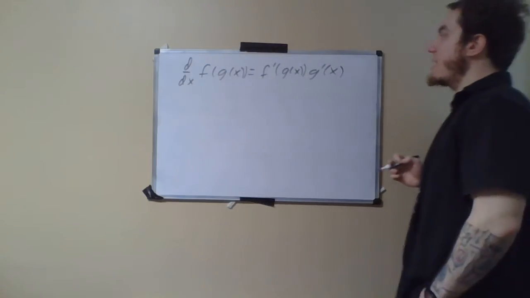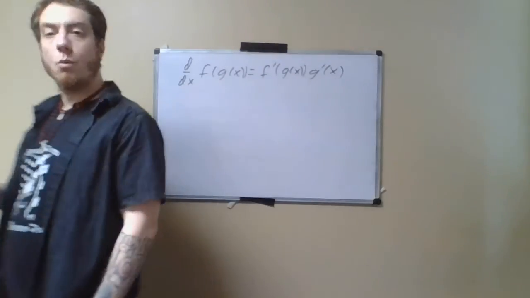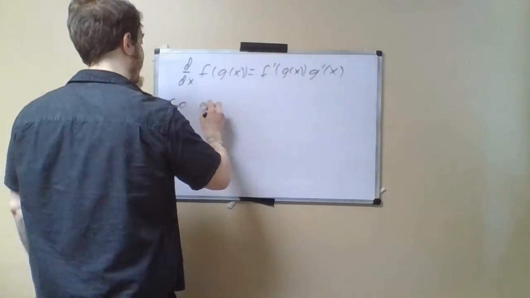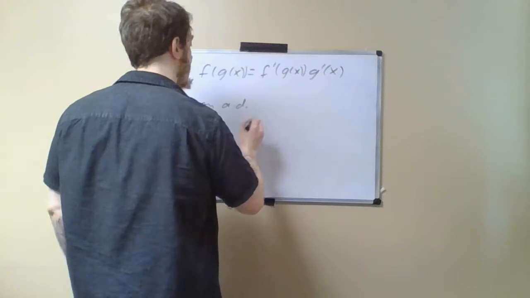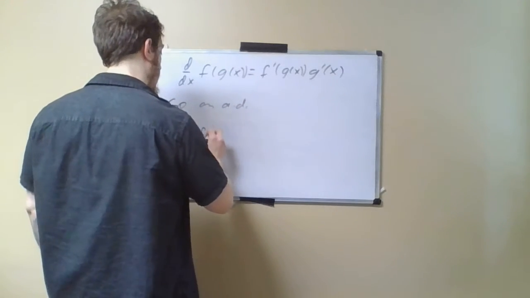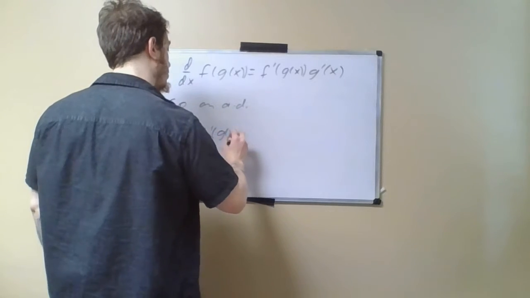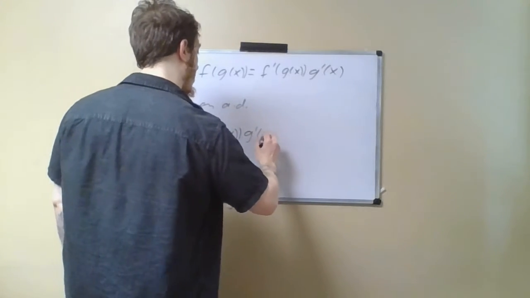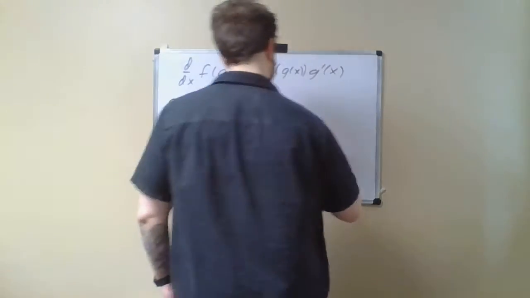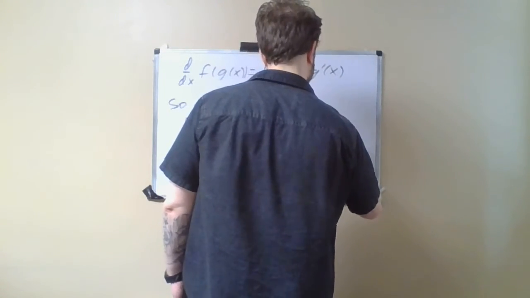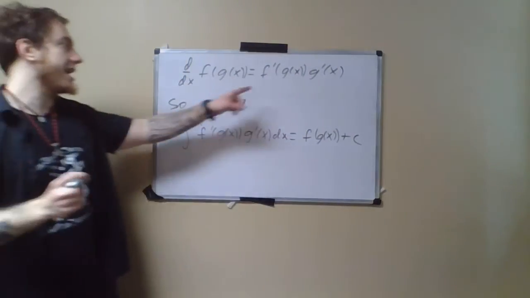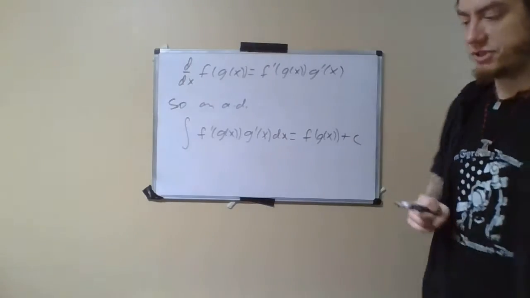So what does this mean about antiderivatives? Well, what it means about antiderivatives is that if I want to take the integral of f prime composed with g of x, g prime of x, dx, this is actually equal to just f composed with g of x plus some constant of integration. Literally, I just take this rule and I reverse it.